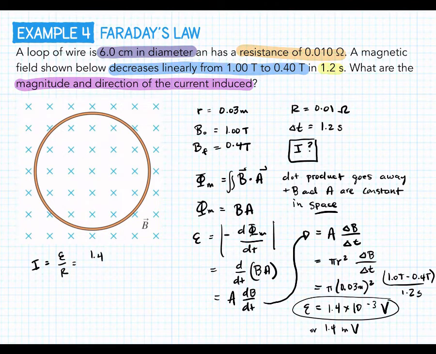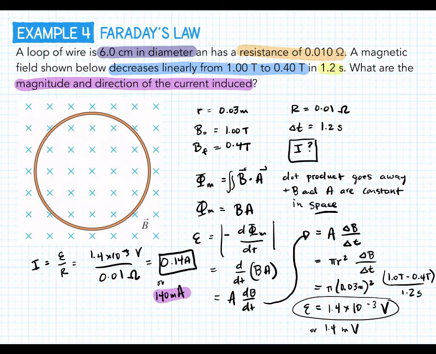In order to get current, we take our EMF and divide it by R. So that's 1.4 times 10 to the negative 3 volts, or 1.4 millivolts, divided by 0.01 ohms, and that gives us 0.14 amps. You can also write that as 140 milliamps.